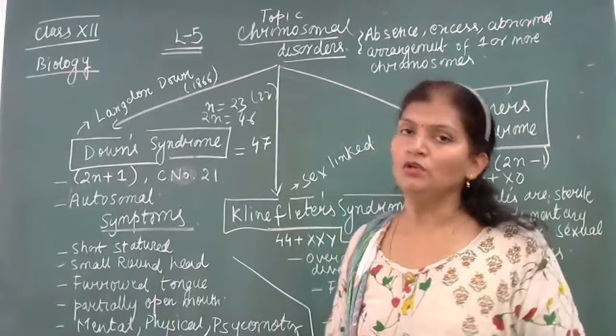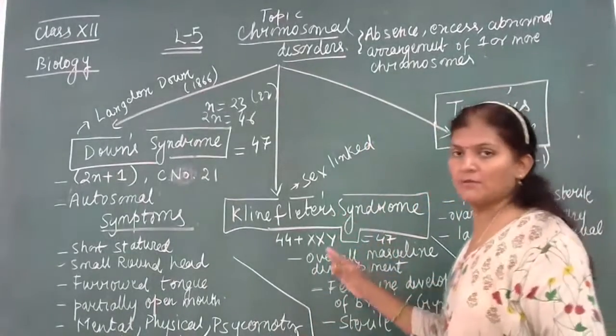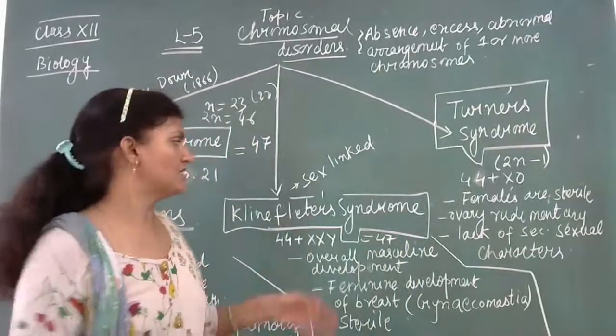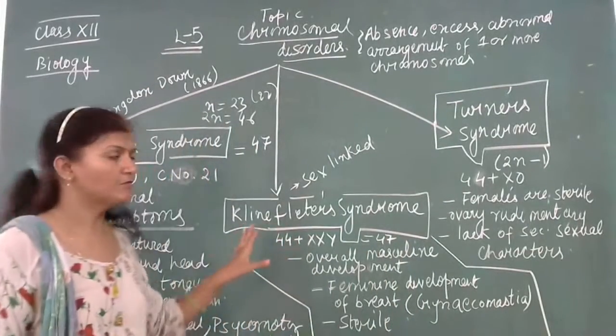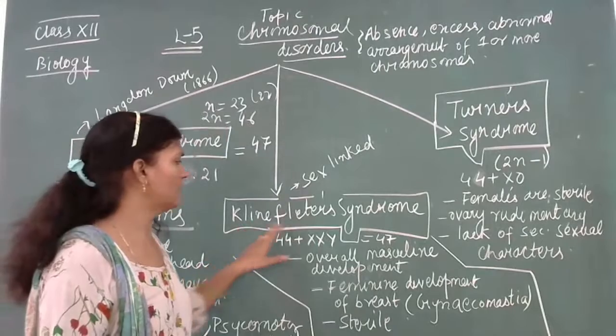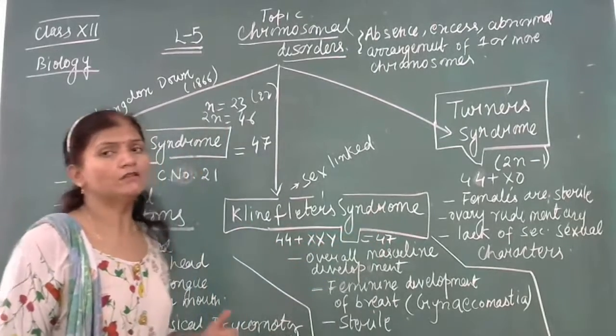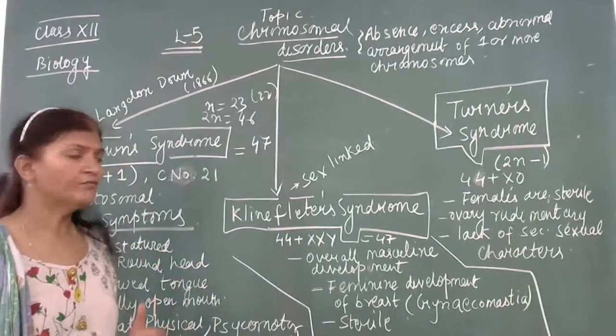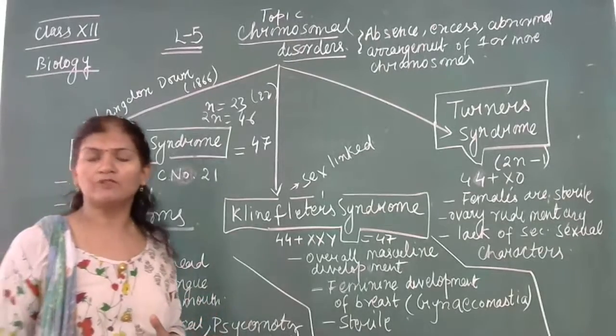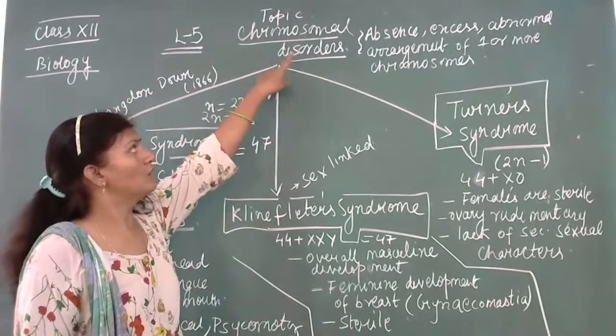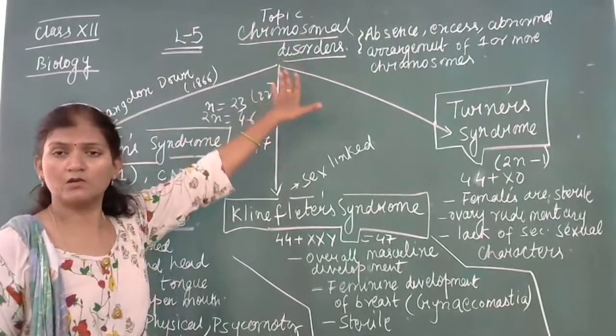Okay. Now we'll move to the next type of disease, which is Klinefelter syndrome. Now this Klinefelter syndrome is again a type of chromosomal disorder.